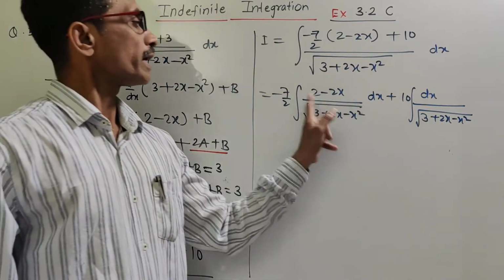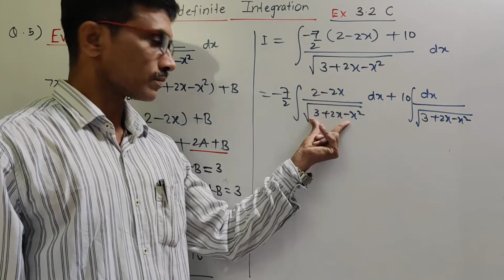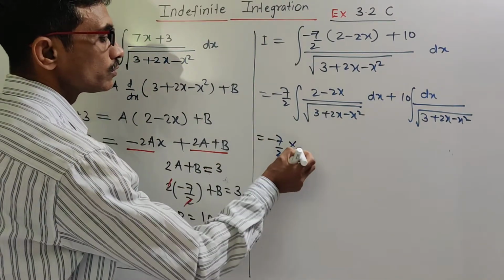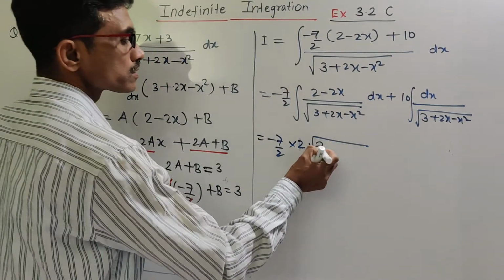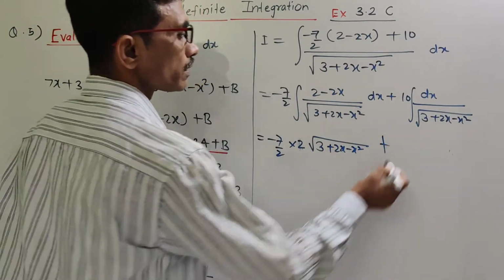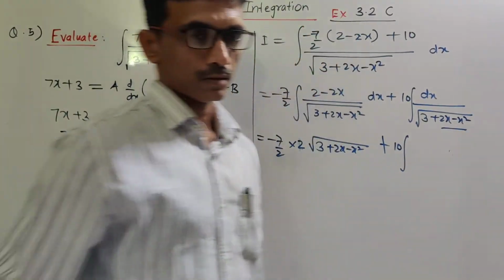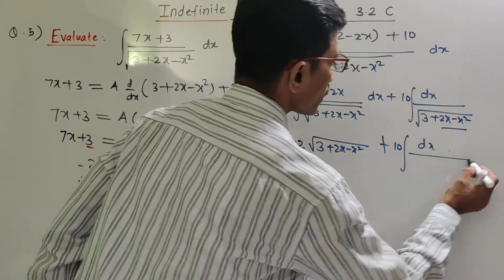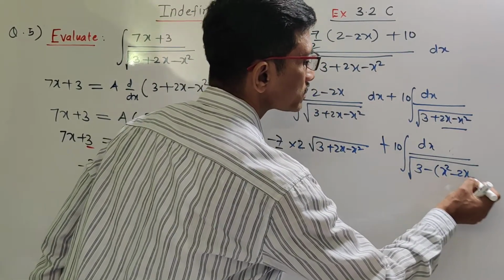The derivative of this is 2 minus 2x, that is f dash of x upon root fx, which is 2 root fx. So minus 7 upon 2 into 2 root of 3 plus 2x minus x square, plus 10 into dx, here the coefficient of x square is minus, so from these two terms you take the minus sign common, upon root of 3 minus x square minus 2x.